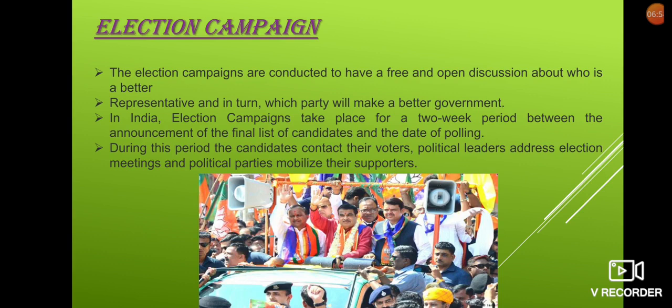In India, election campaigns take place for a 2-week period between the announcement of the final list of candidates and the date of polling. During this period, the candidates contact their voters, political leaders address election meetings, and political parties mobilize their supporters.